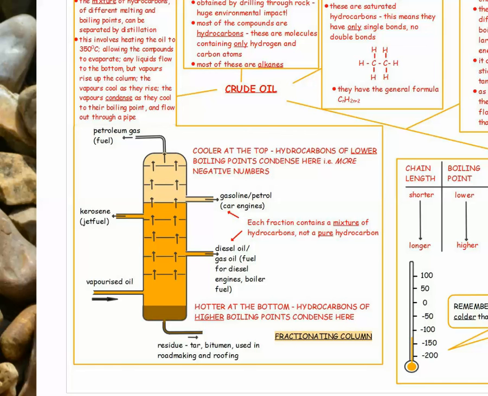The column is hotter at the bottom. So hydrocarbons of higher boiling points condense here. They go from vapour to liquid at a higher temperature. So cooler at the top, that'll be the gases that condense there, and hotter at the bottom, the thick sticky residues, the tar and the bitumen, will condense at the bottom of the fractionating column.